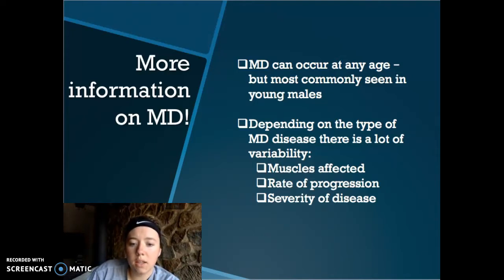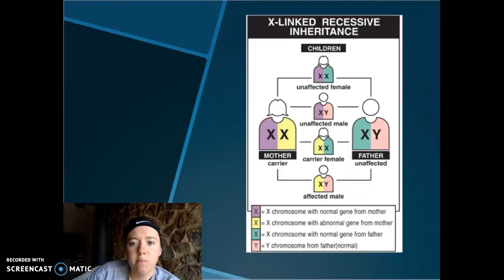And then depending on the type of MD disease, there's a lot of variability. So the muscles affected, rate of progression, and severity of the symptoms, which we will look at in a few slides. Here is a more visual description of how the son can be affected. So disease is inherited in an X-linked chromosome recessive pattern most likely affect the males because a second X chromosome usually protects the females from showing symptoms.